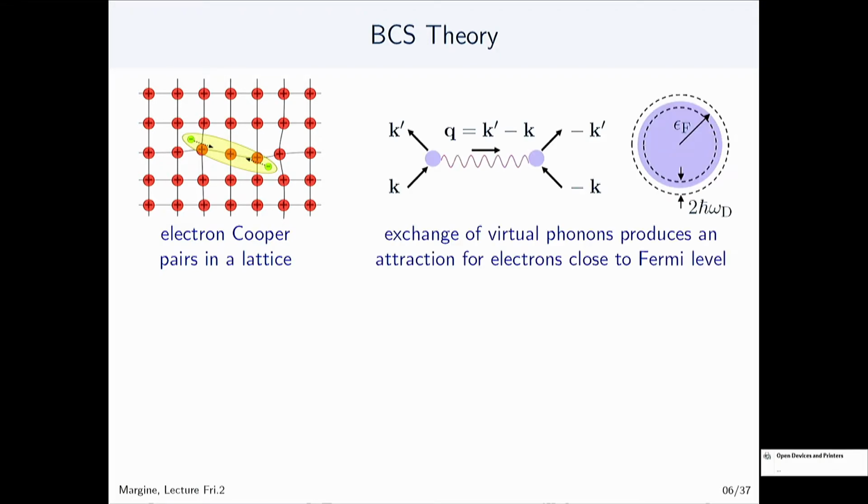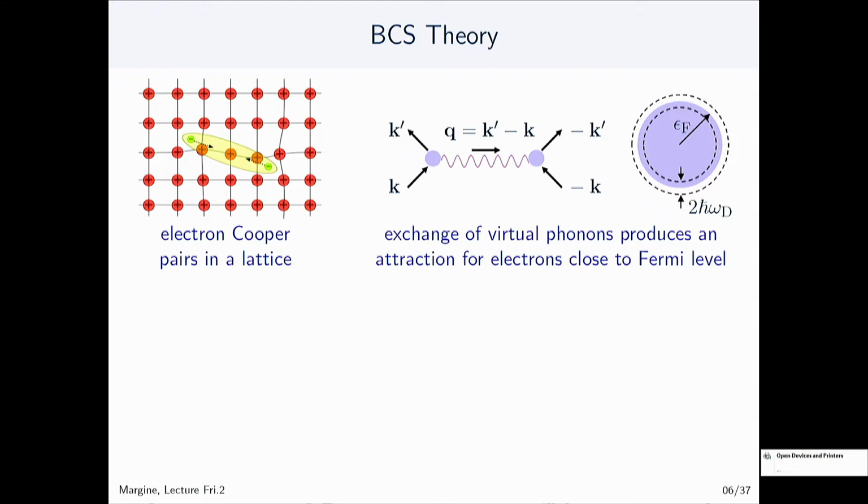Oh, okay, finally. So we can also look at the mechanism of electron pair formation in this simple diagrammatic representation. Let's say that we have an electron in a state K that emits a phonon, and as a result of this emission, it moves to a new state with momentum K prime.